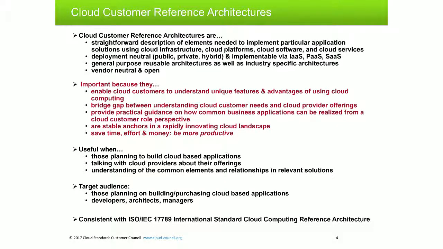At a high level, these reference architectures are straightforward descriptions of elements needed to implement particular application solutions using cloud infrastructure, cloud platforms, cloud software, and cloud services. They're deployment neutral, meaning you can use public, private, or hybrid environments, and they're implementable using infrastructure, platform, or software as a service. We find that these architectures are helpful for facilitating conversation between cloud customers and vendors.